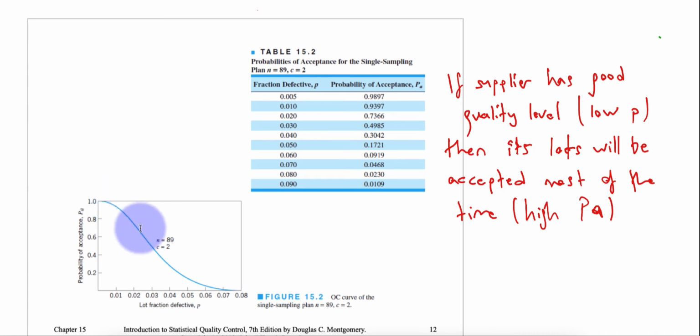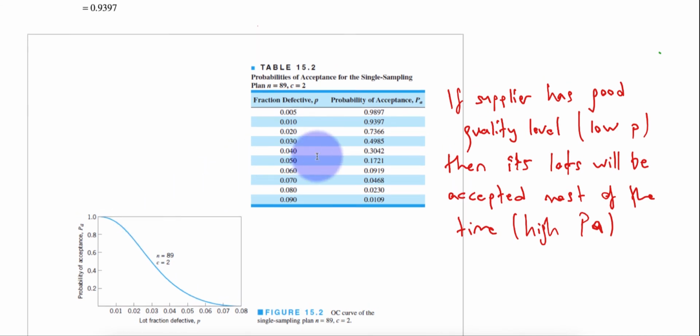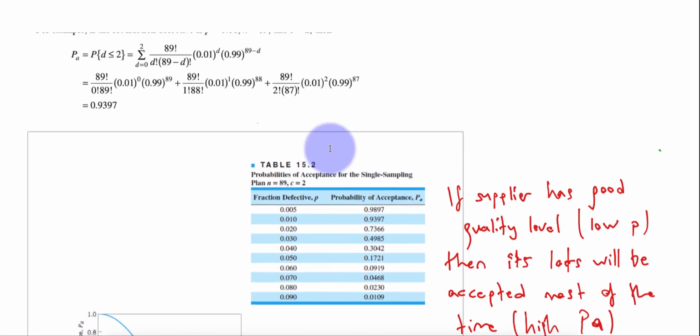So this curve will show you the discriminatory power of the sampling plan, okay? Just keep in mind, and you will understand this in the next slide. All right? And also we can use the tables for this purpose. This is the curve. We can make it in a graph. Also we can use the tabular form. All right?